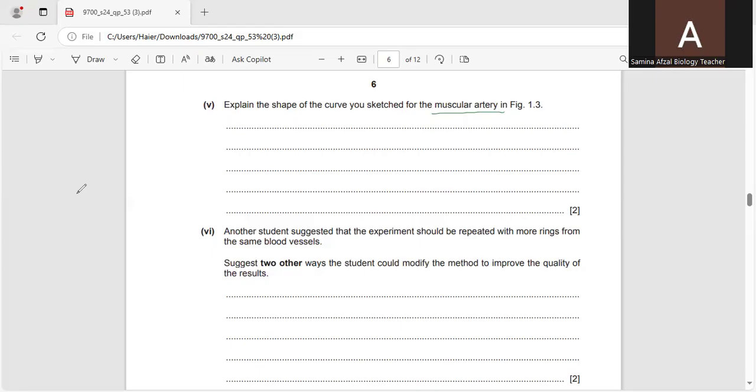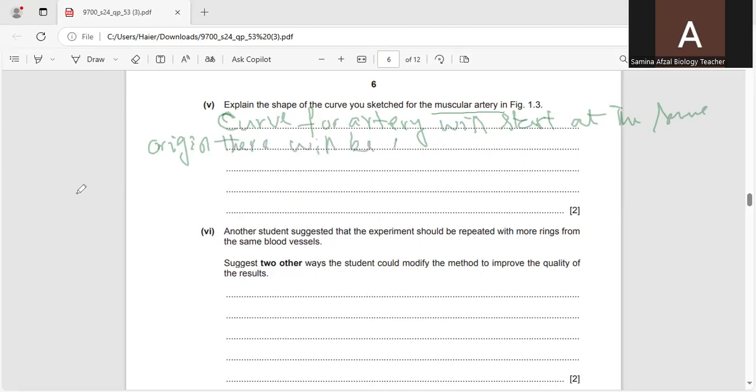It will be, the curve will start at the same origin. There will be percentage increase in length, but less than vein.